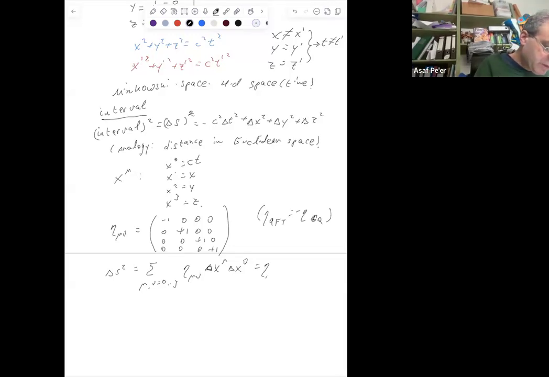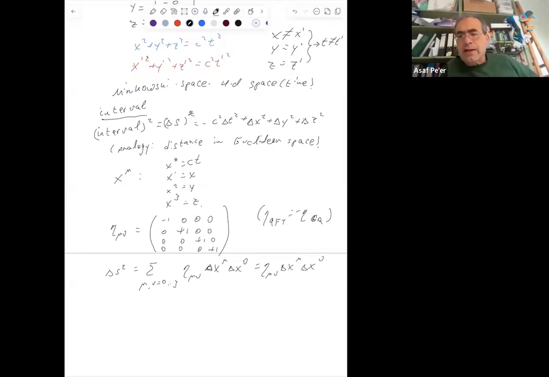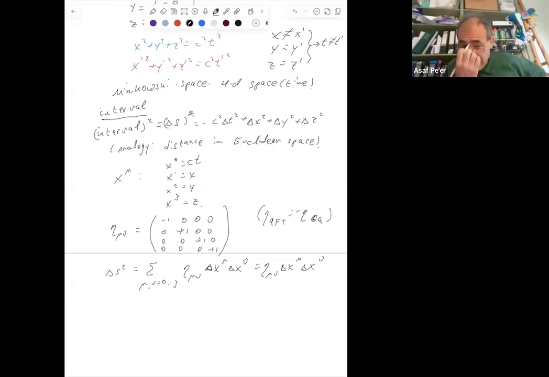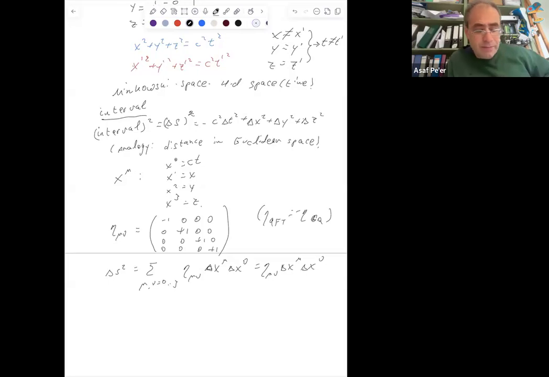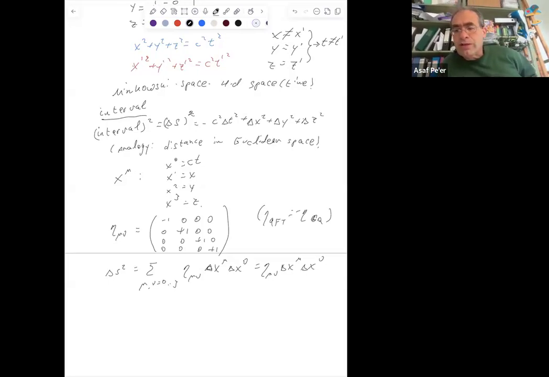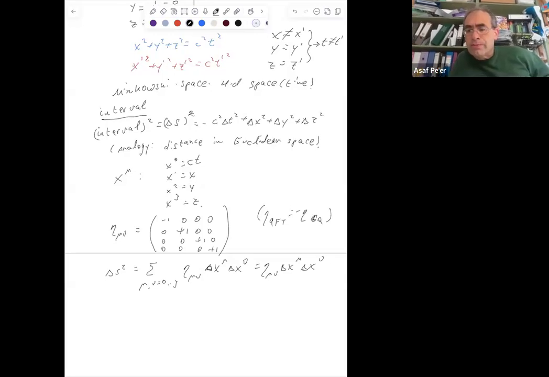We simply write eta mu nu delta x mu delta x nu. And I stress again, when you're writing down an equation, an index can appear twice only once as an upper and once as a lower. If you see the same index appear twice as an upper or as a lower, you're doing something very wrong. You should check yourself. This cannot be.